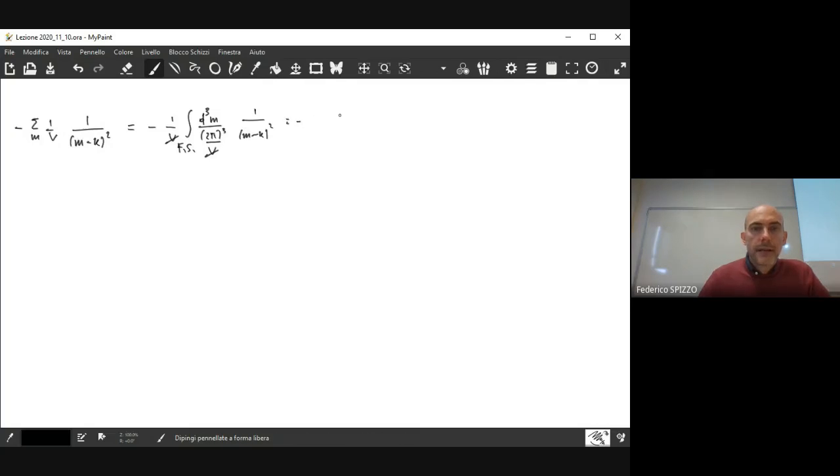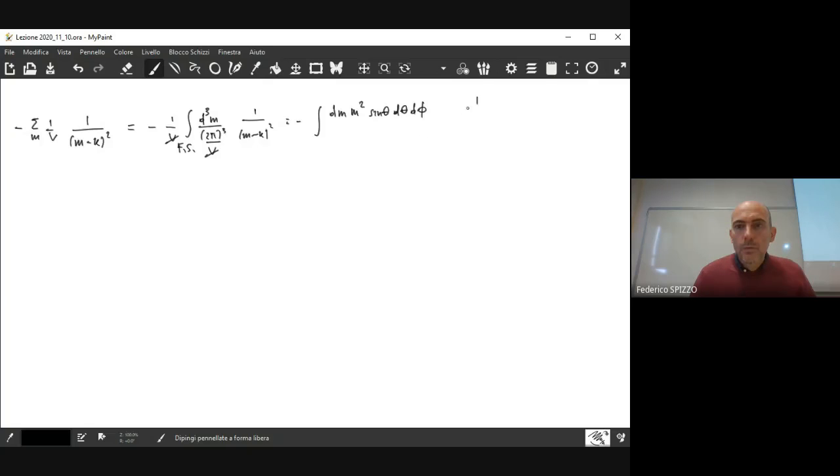We may use the fact that we may transform the integral into spherical coordinates, changing from Cartesian coordinates. So in this case we have the integral over m squared sin theta d theta d phi.